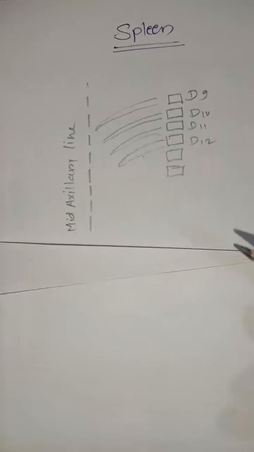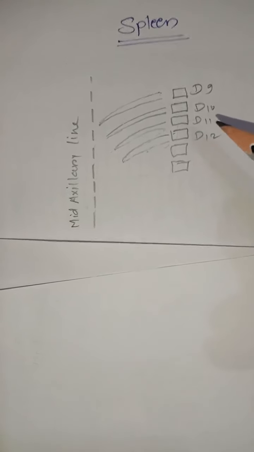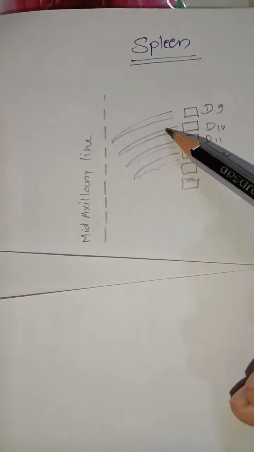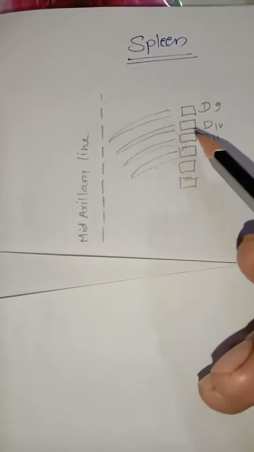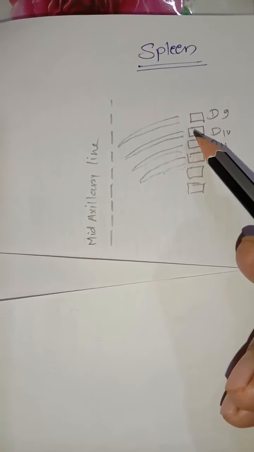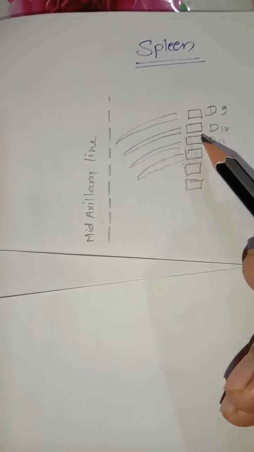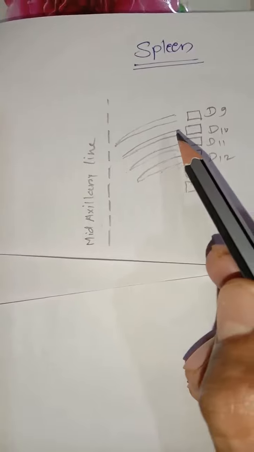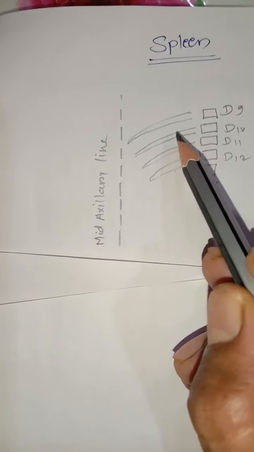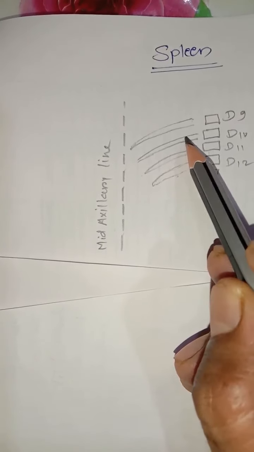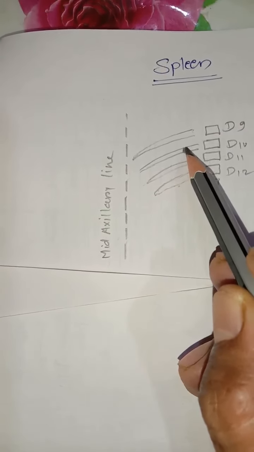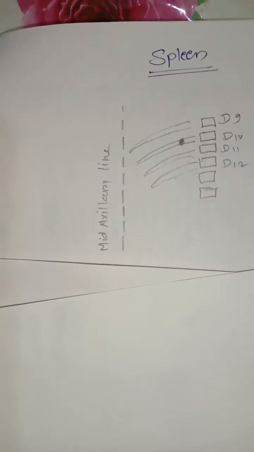So the first point should be taken on the 10th rib on the left side, 4 centimeter away from the 10th thoracic vertebra. So here is the left side and here is the 10th thoracic vertebra. So from this you should take 4 centimeter away on the 10th rib.